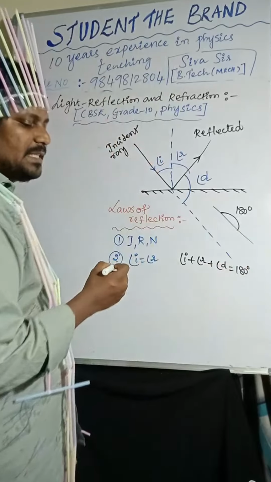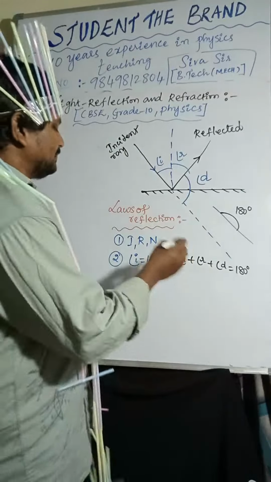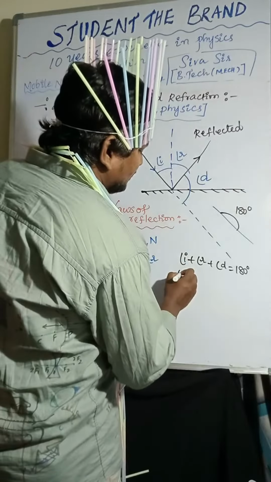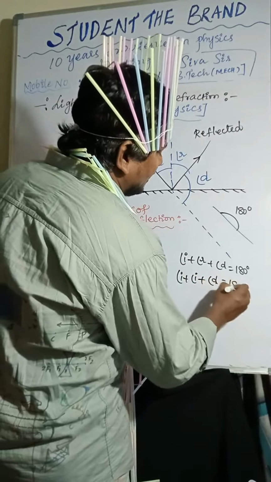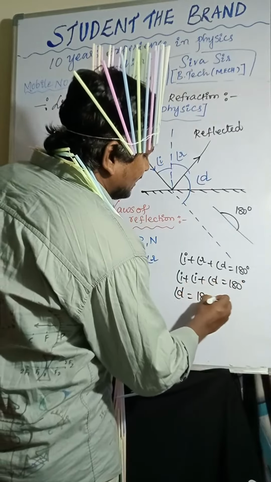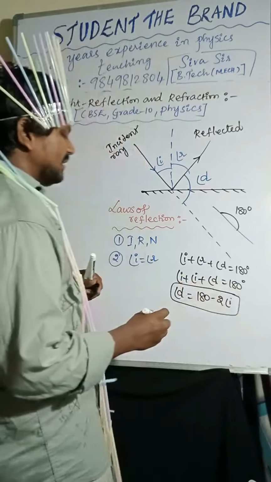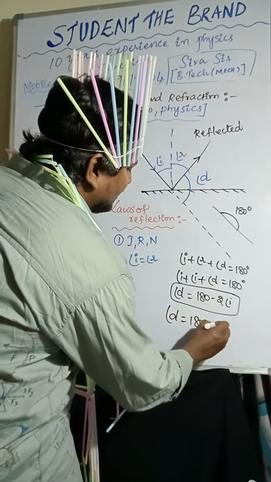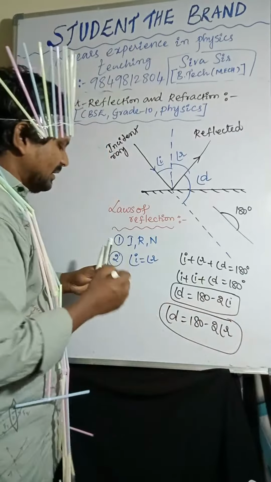Substituting angle of incidence in place of angle of reflection, we get angle of incidence plus angle of deviation equals 180 degrees. So the angle of deviation equals 180 minus 2 times the angle of incidence. Similarly, the angle of deviation equals 180 minus 2 times the angle of reflection.